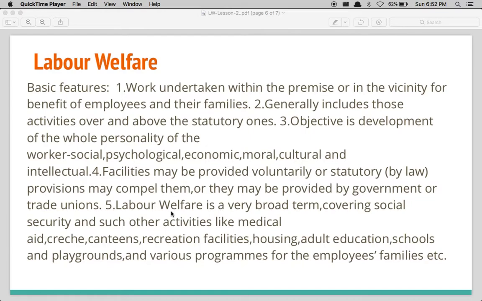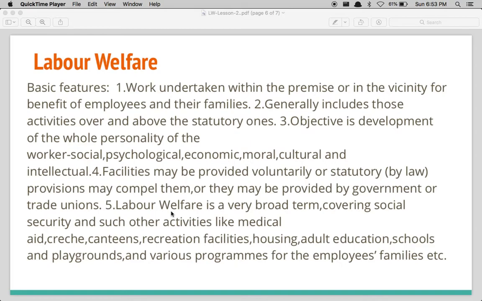Number three, the purpose of providing welfare amenities is to bring about the development of the whole personality of the workers, that is, his social, psychological, economic, moral, cultural, and intellectual development to make him a good worker, a good citizen, and a good member of the family.